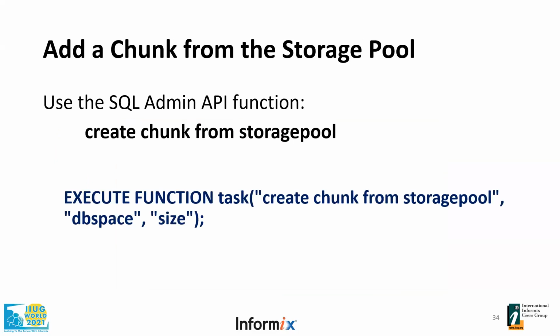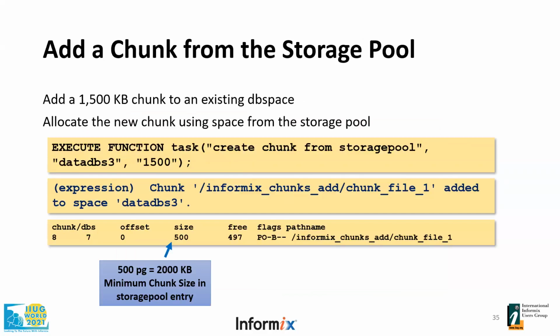So if we do want to create a chunk from that storage pool, the syntax is super simple. Here's our admin API again, create chunk from storage pool. We just need to give it two things. We give it the DBSpace we want to attach that new chunk to, and the size of the chunk. So here it's 1500K.